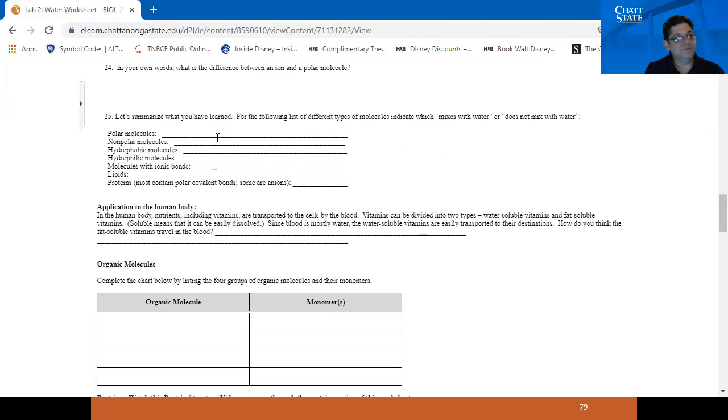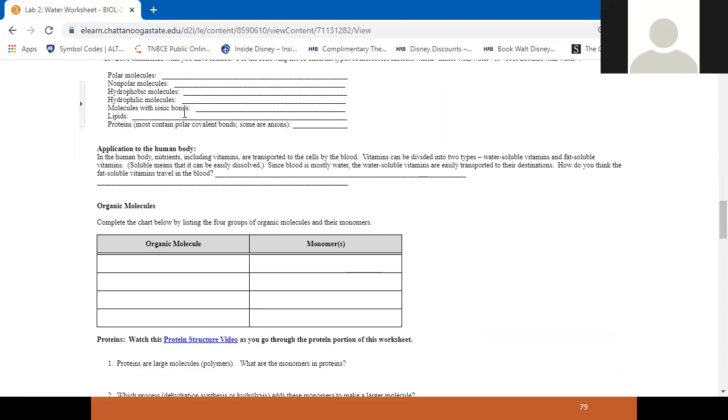Okay, let's play this game. What mixes well with water? Polar molecules, mix or no mix? Mix. Nonpolar? Repel. No mix. Yeah. Hydrophobic? No mix. Hydrophilic?